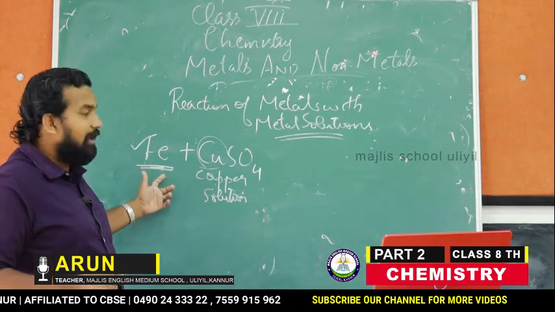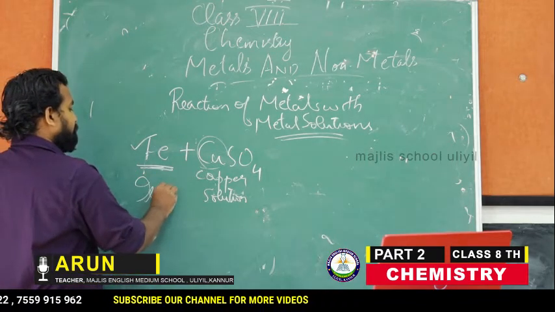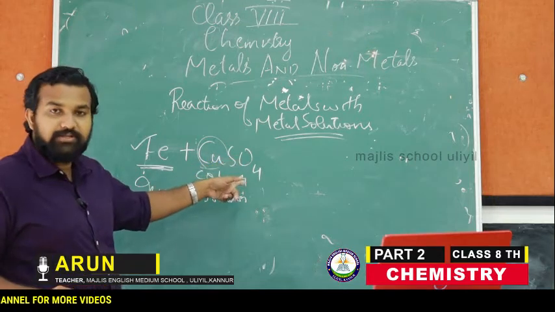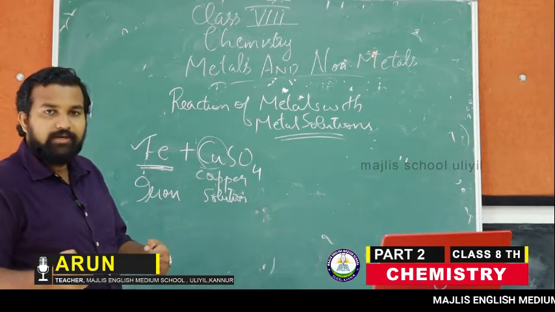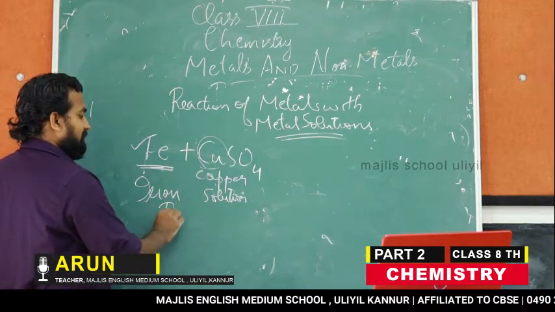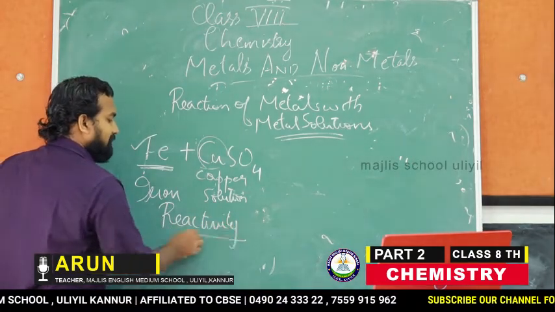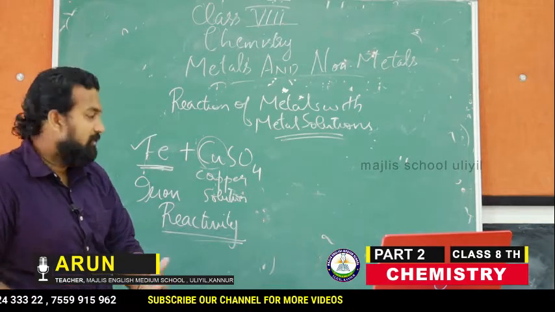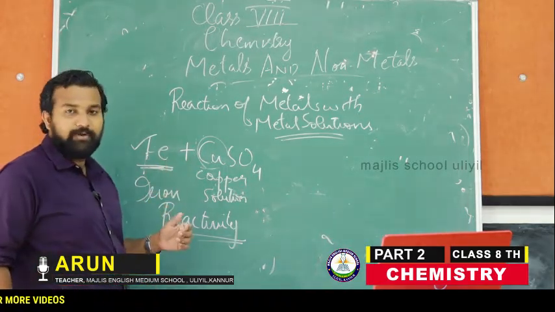Iron, Fe, ferrous iron, what can the iron do? The metal iron can displace copper from this solution and form its own solution because it's stronger. That means the reactivity of iron, how much strength it has to react, is more than that of copper.